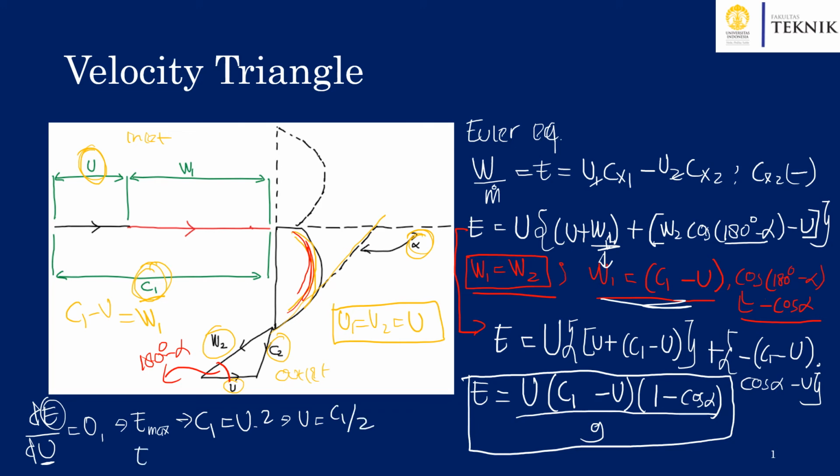Then our E max equation will be, replacing U with C1 over 2, C1 to the power of 2 multiplied with 1 minus cosine of alpha, divided by 4g. This is for the maximum Euler head equation. So this is 4 times gravity.